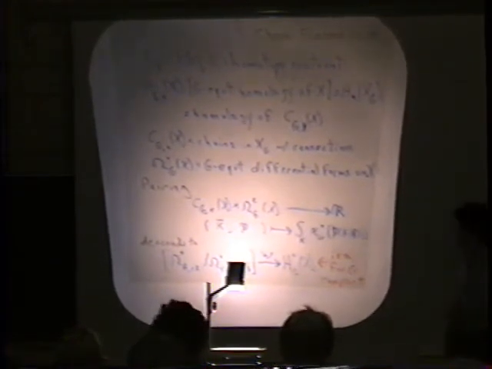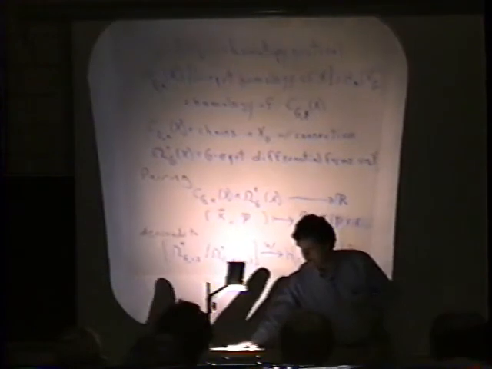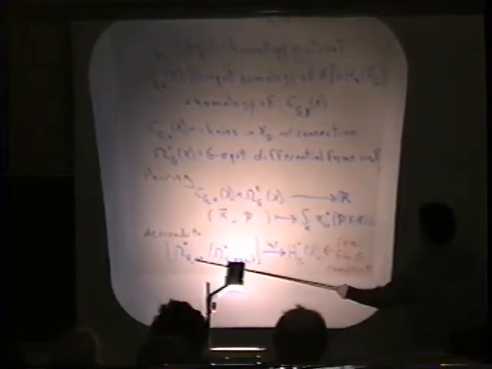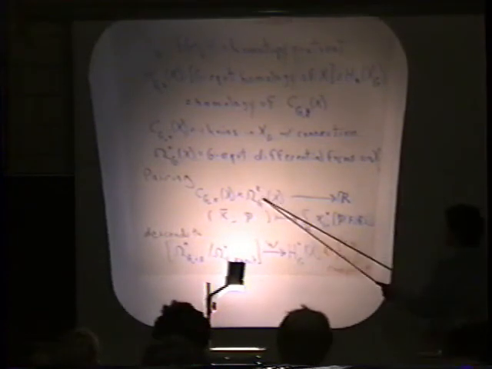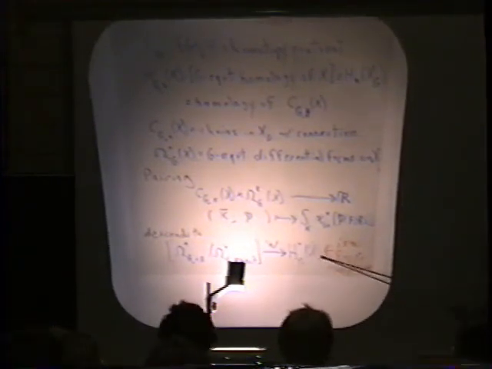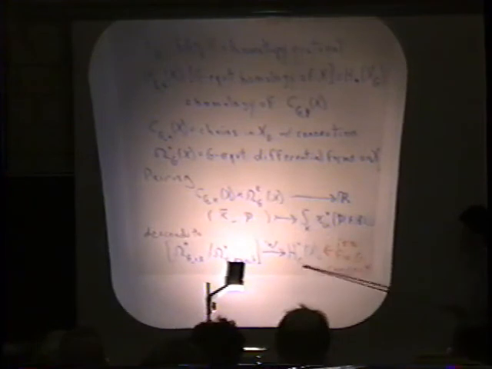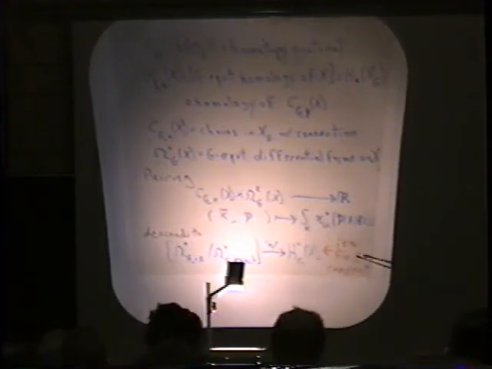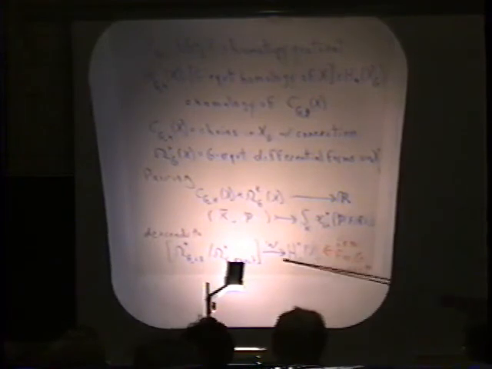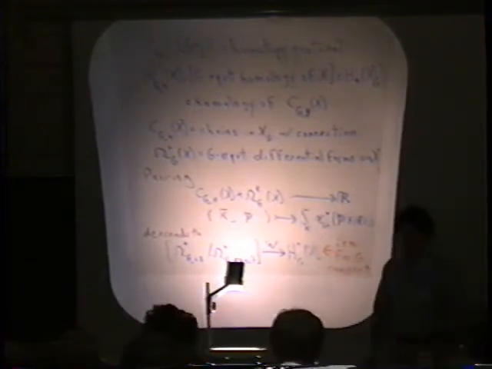This is a pairing on complexes, and so it descends to a map from the cohomology of this complex to the equivariant cohomology, which, as I said before, is an isomorphism for G compact. If G is not compact, it's not an isomorphism, but we'll still find it very useful.